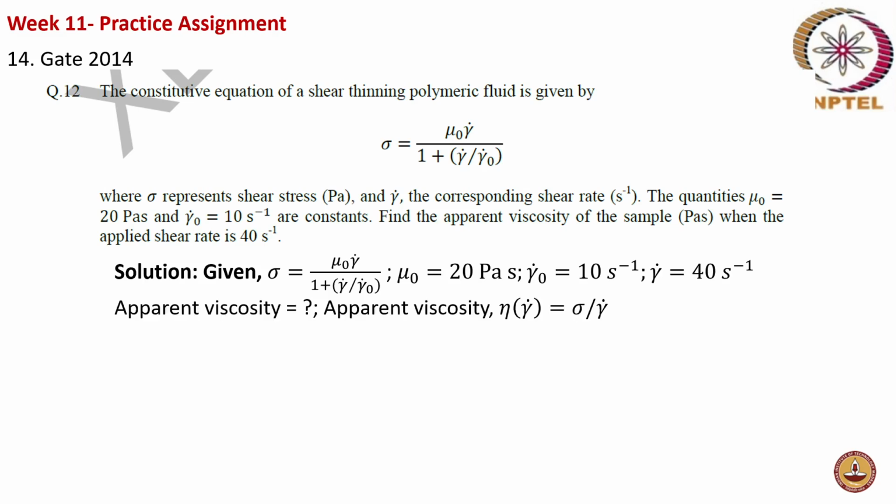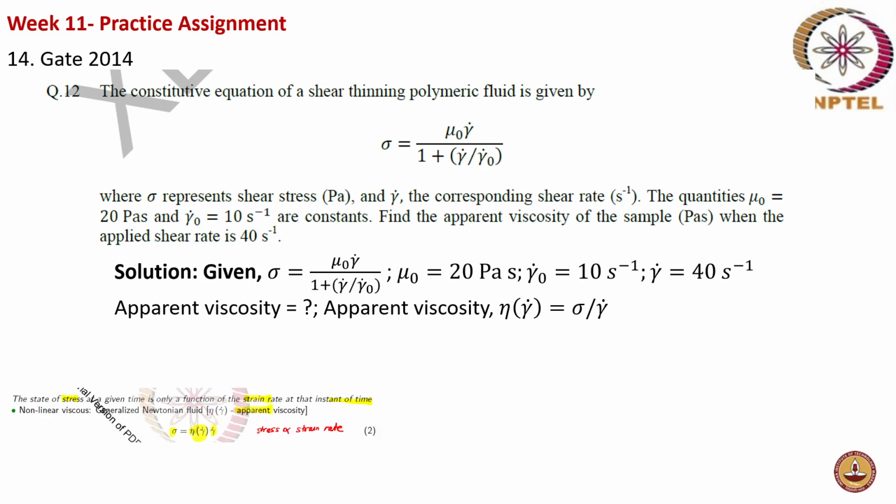What is apparent viscosity? Apparent viscosity, eta of gamma dot, because it is a viscosity which is a function of shear rate itself, is equal to shear stress divided by the corresponding shear rate. This applies for generalized non-Newtonian fluids. So you have the relation sigma equals eta times gamma dot, where eta is a function of gamma dot itself.